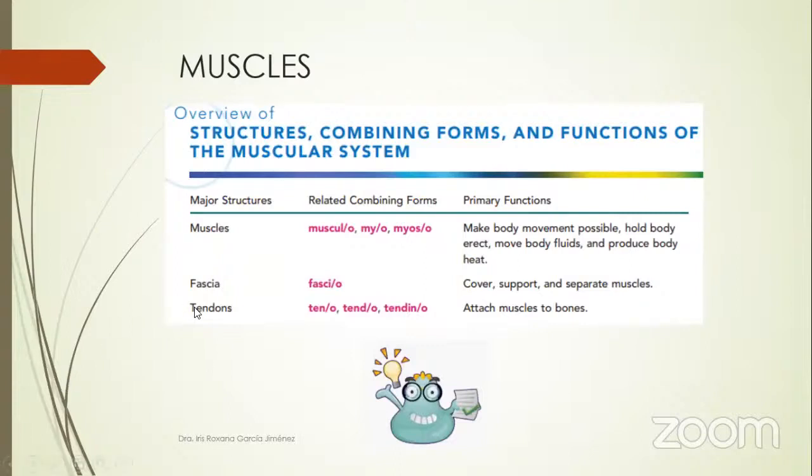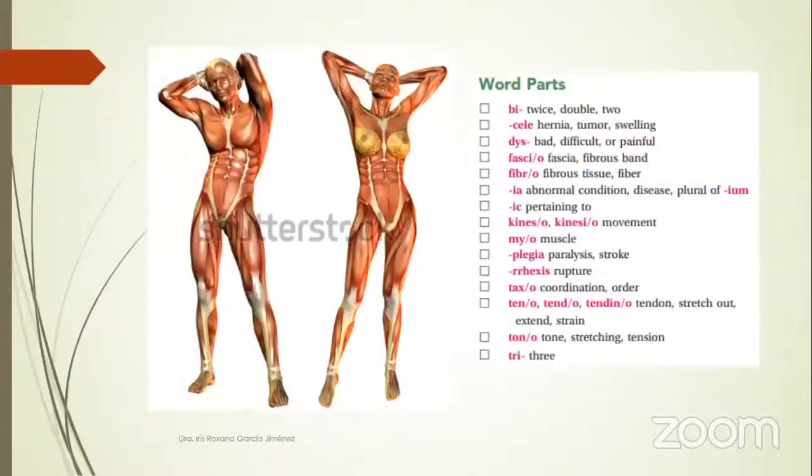Then we have fascia, or fascio. We have tendons: teno, tendo, or tendino, right? With all of them, it's easier to prepare our medical term, and then we can catch the general meaning of this.